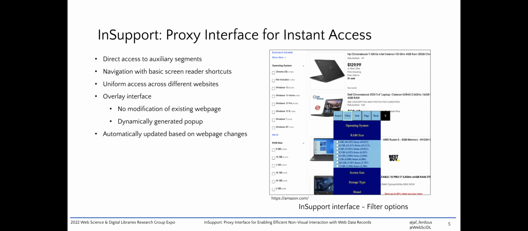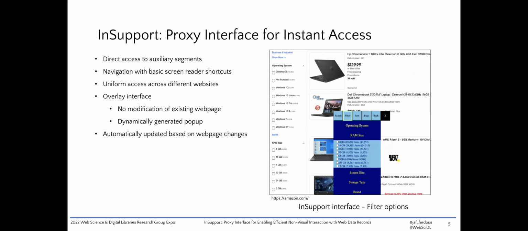To provide convenient access to auxiliary segments such as filter and sort options, we designed a pop-up interface, namely InSupport, containing dummy controls that serve as proxies to the actual auxiliary segment controls present on the web pages.